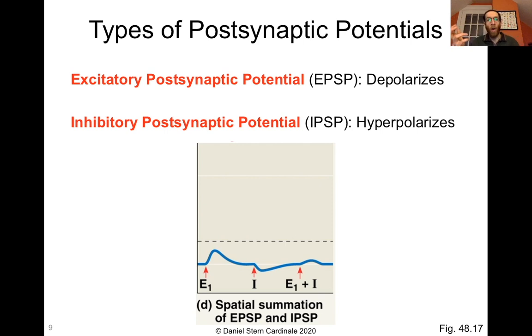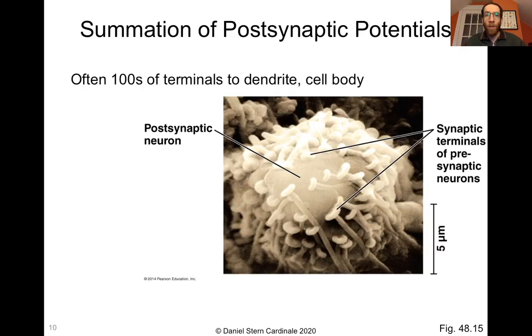It's being depolarized and hyperpolarized simultaneously from many axons at the same time. This process of having lots of signals combined together is called summation, and every cell that is receiving signals from synapses is constantly engaging in the summation of the postsynaptic potentials.